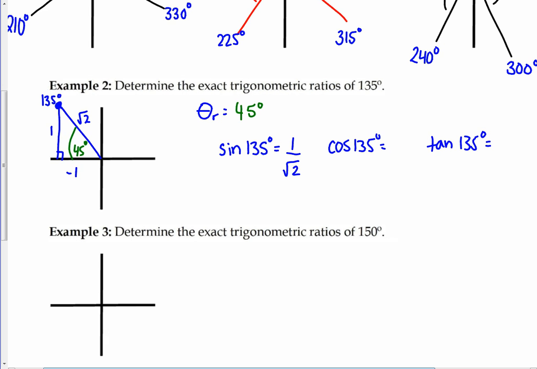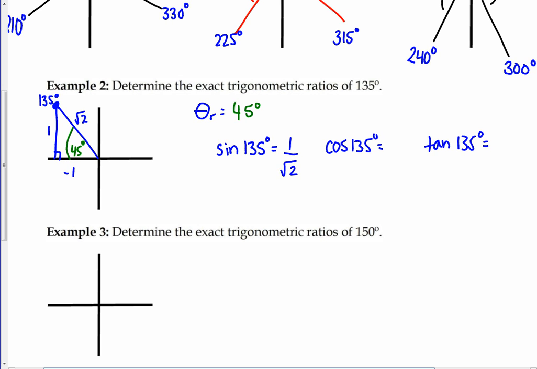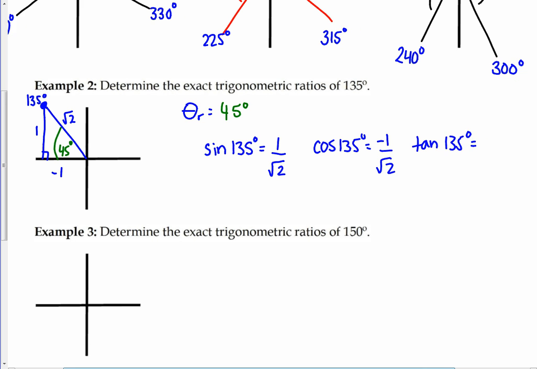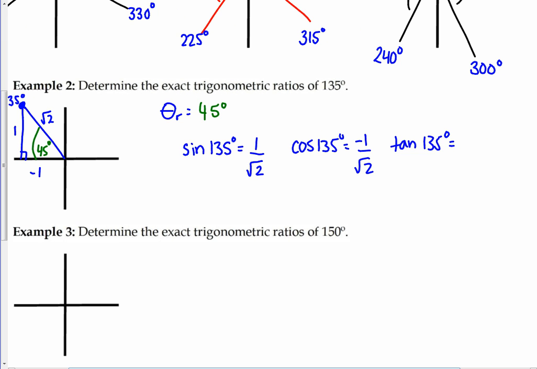Cos 135, adjacent over hypotenuse, or x over r? What would it be? Negative 1 over root 2, and tan 135, opposite over adjacent. 1 over negative 1, so negative 1.